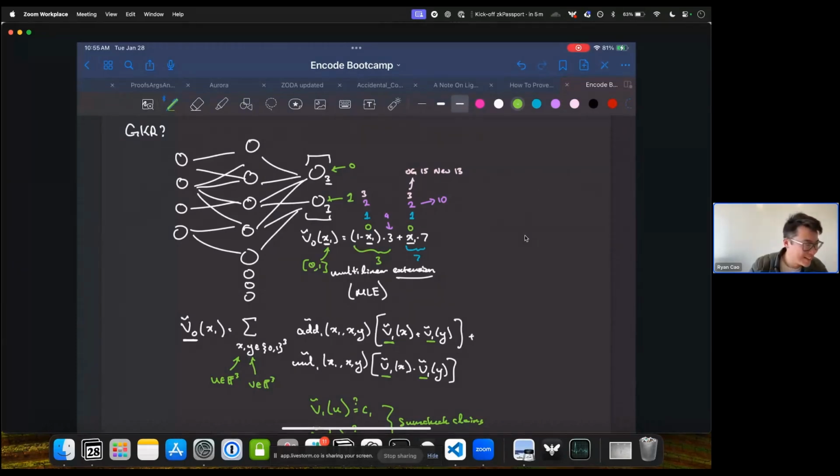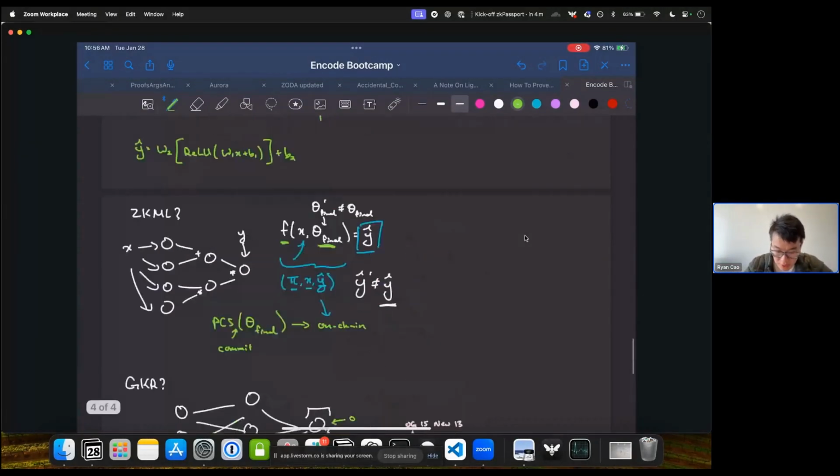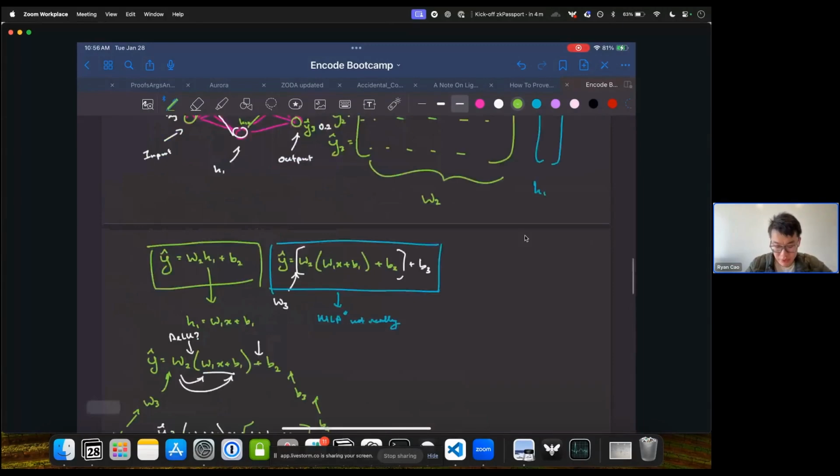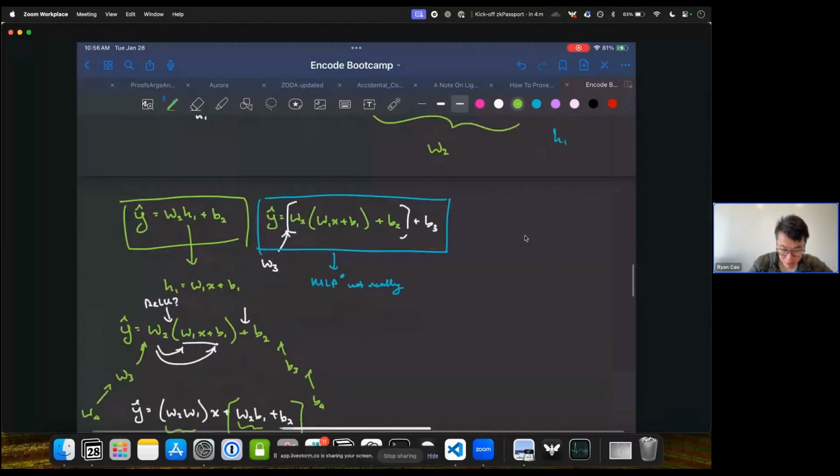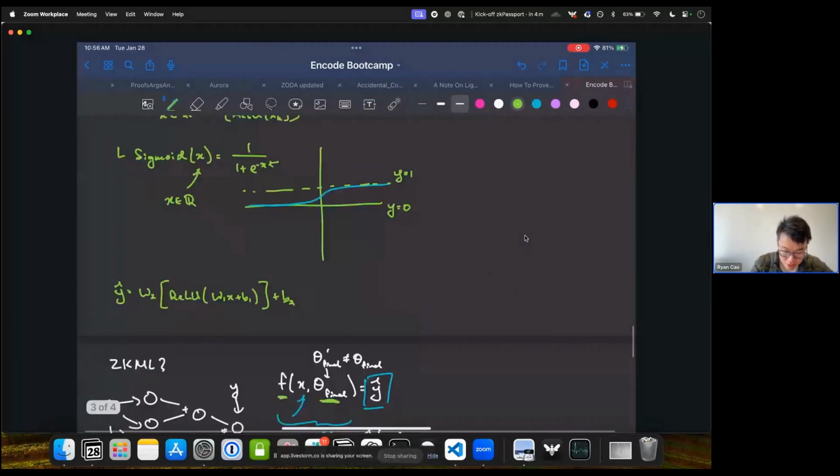Okay, all right. Then maybe the last thing that I will talk about is why GKR is really good for neural nets versus a different proof system. And actually, it specifically has to do with matrix multiplication. So what do I mean by that? Okay, so in neural networks, as we pointed out earlier, the final formula for this neural network, if I can find it, looks like this, right?